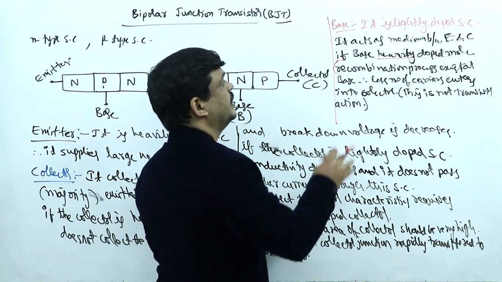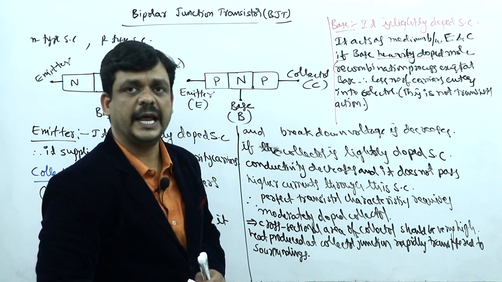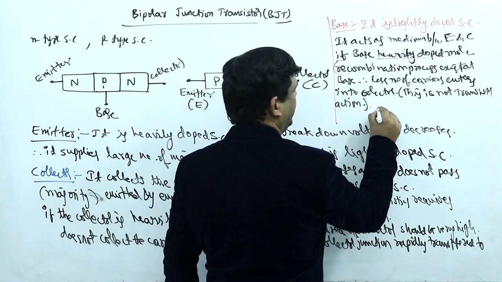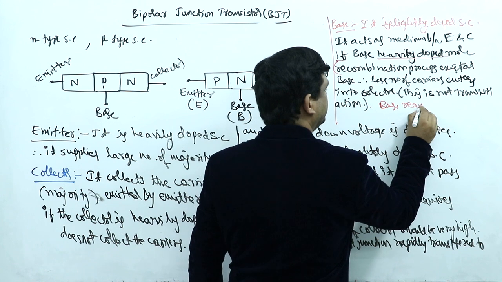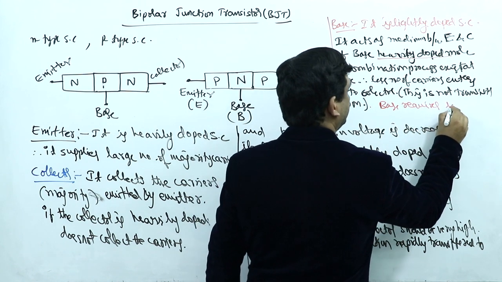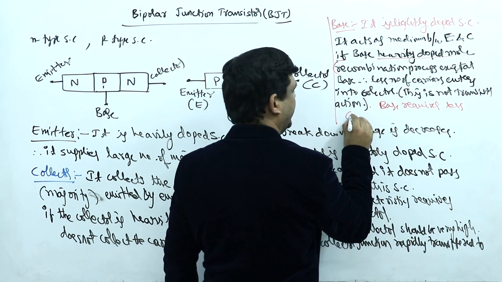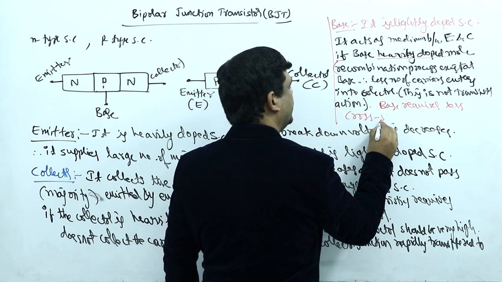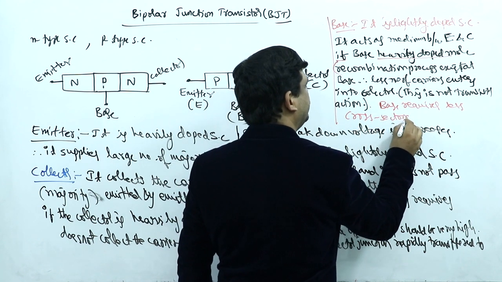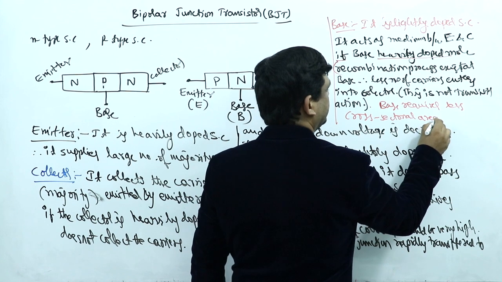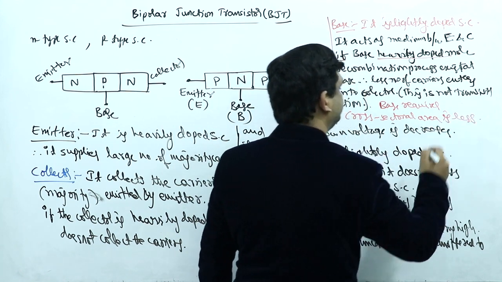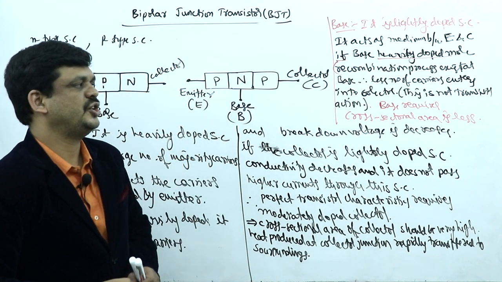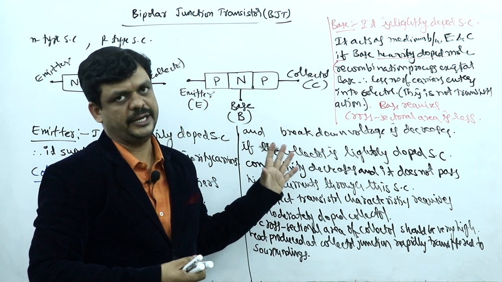So the base should always be a lightly doped semiconductor, and the base requires a less cross-sectional area, right? So the base requires a small cross-sectional area and it should be lightly doped.